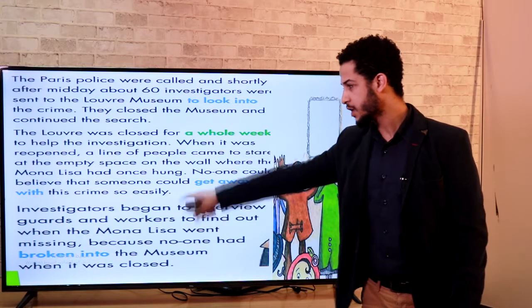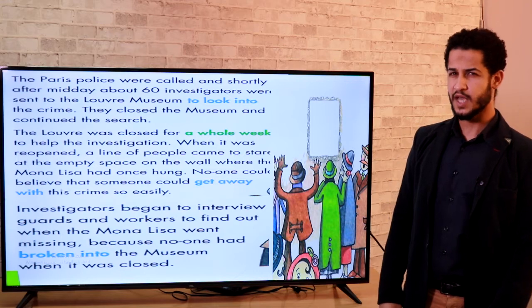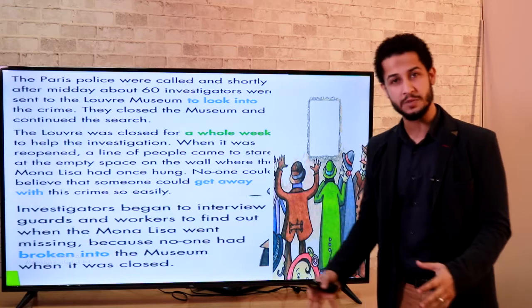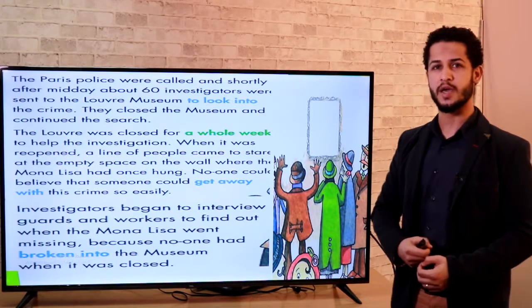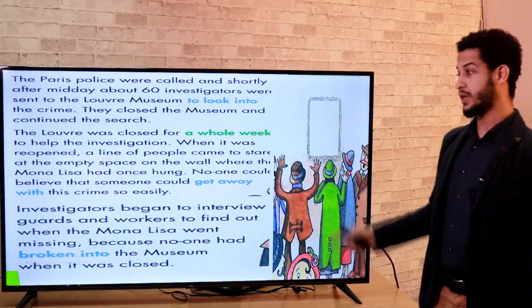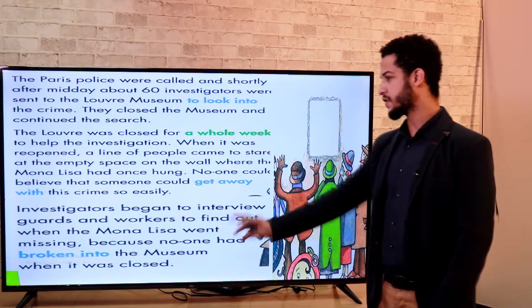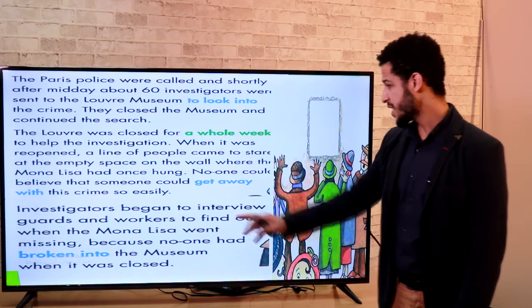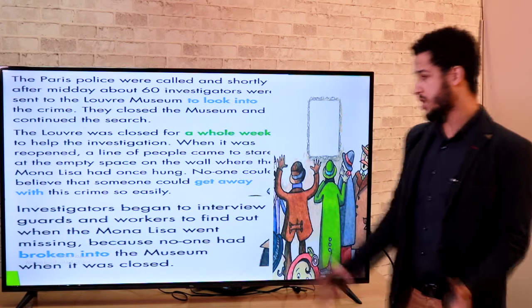The next paragraph: investigators. Teacher, what's the meaning of investigators? I said, and you will remember, I know. Investigators mean policemen who come to know the information, who did the crime, okay? Investigators started to interview guards and workers to find out when the Mona Lisa went missing, because no one broke into the museum.